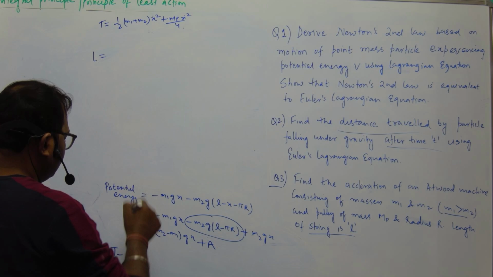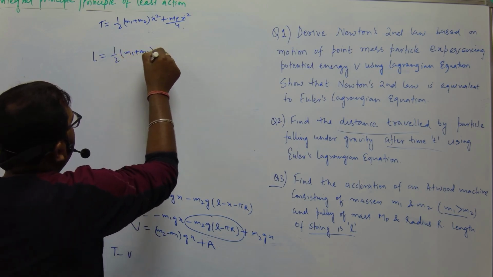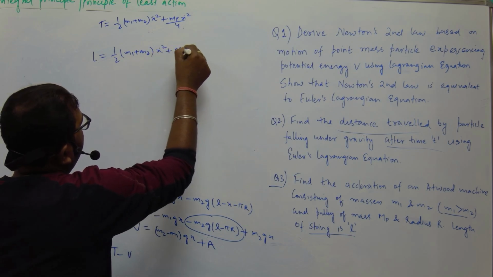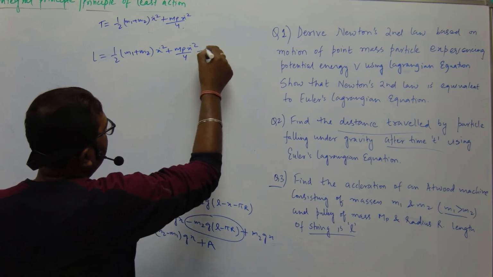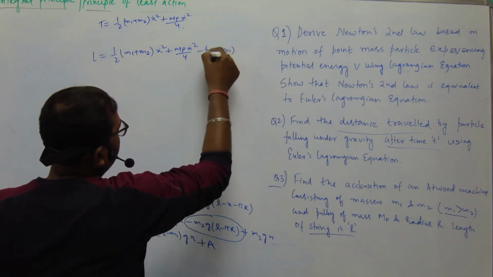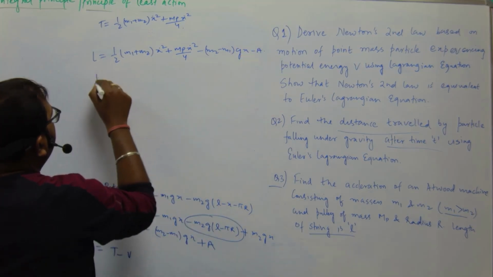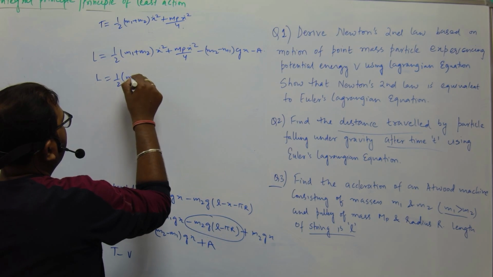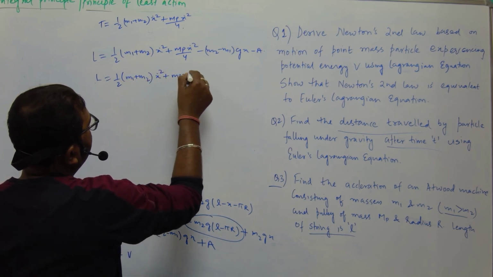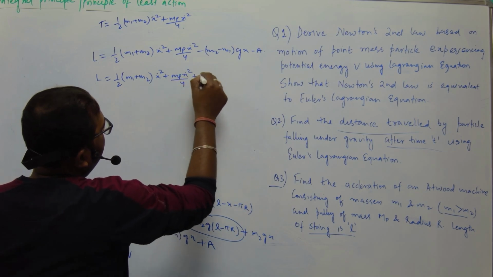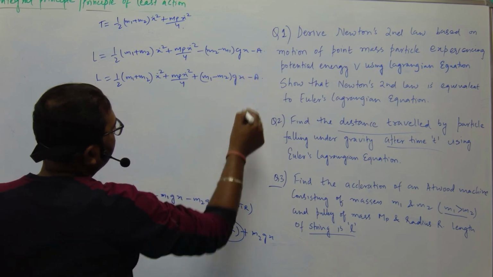L is equal to T minus V, half of m1 plus m2 x dot square plus mp x dot square upon 4, minus V, which is minus m1 minus m2 g x.